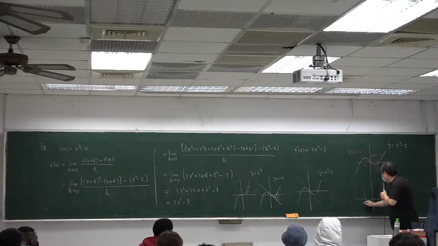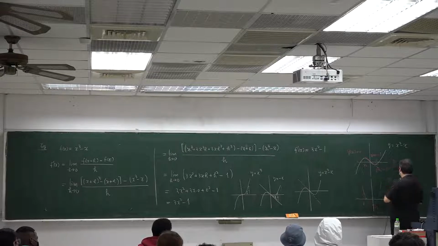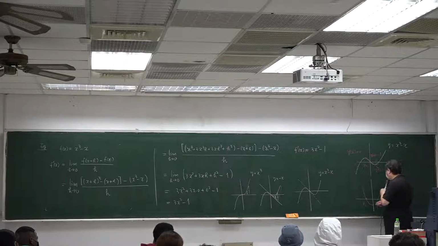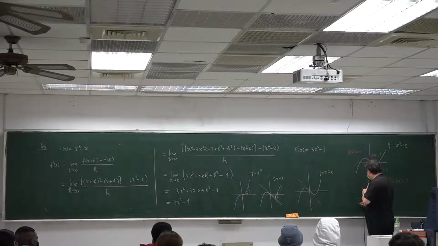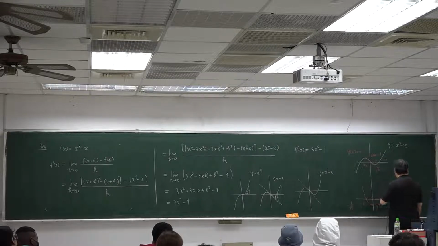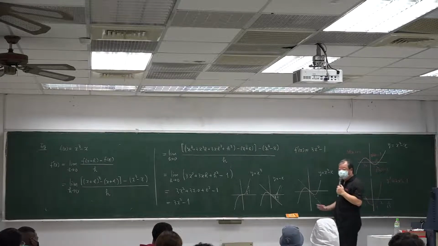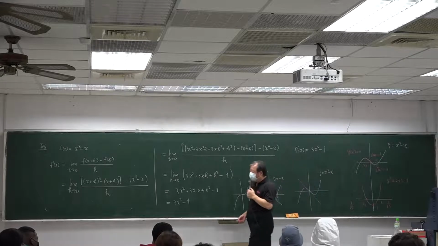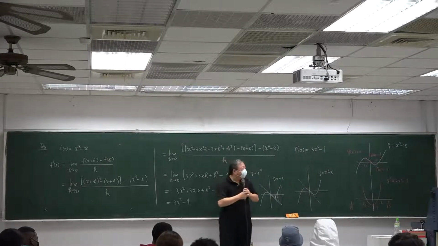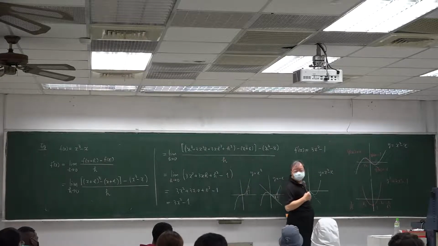So at these two points, the slope is 0. Slope function. Derivative is the slope of the curve.